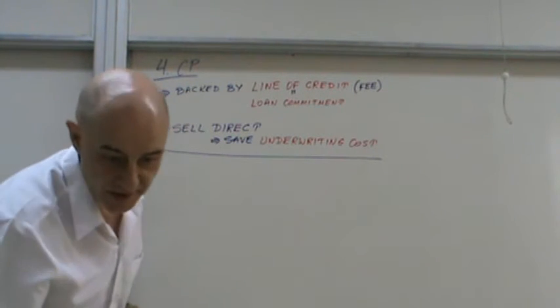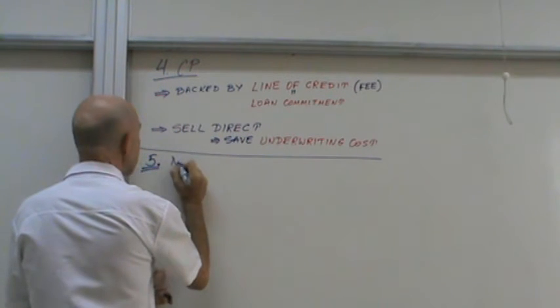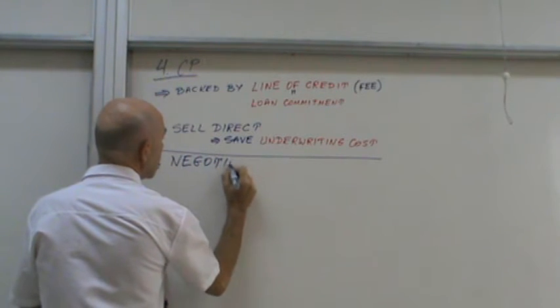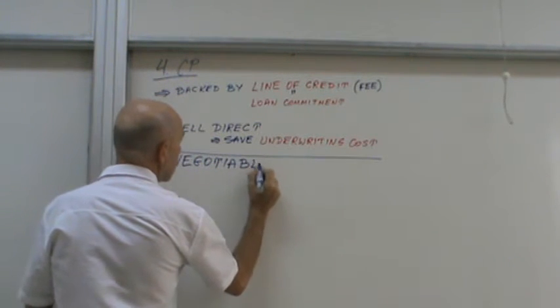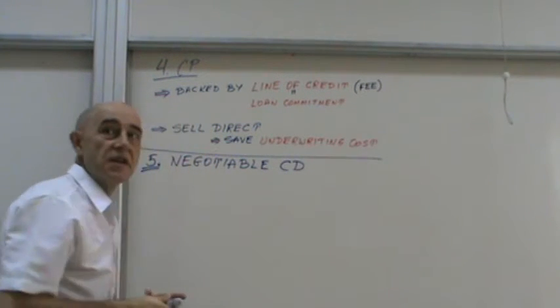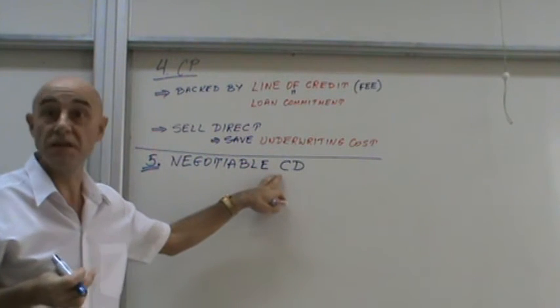Number 5 is negotiable CD. CD stands for a certificate of deposit.